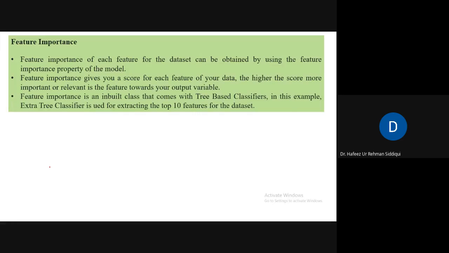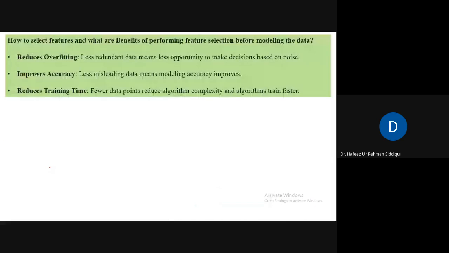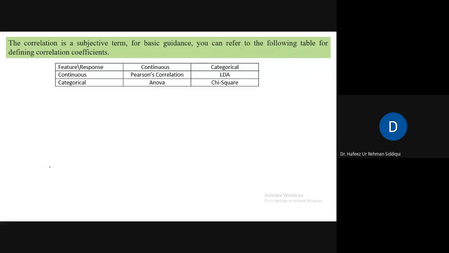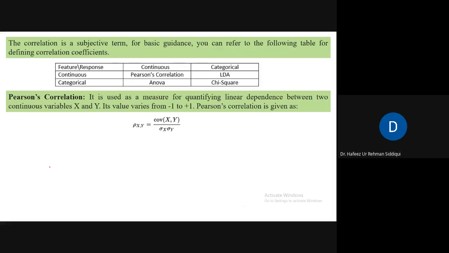We have seen some examples, and why we are doing feature selection. And after that, we have seen some correlation techniques, and which ones we are going to use.